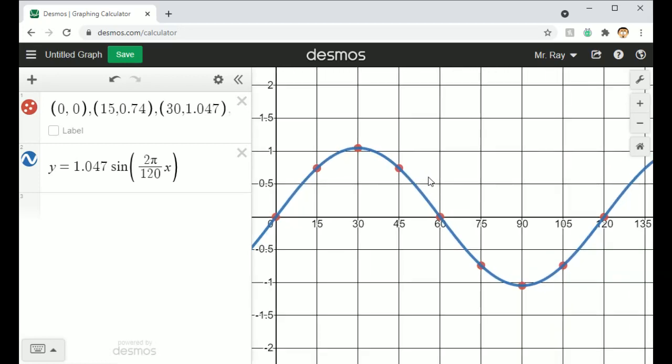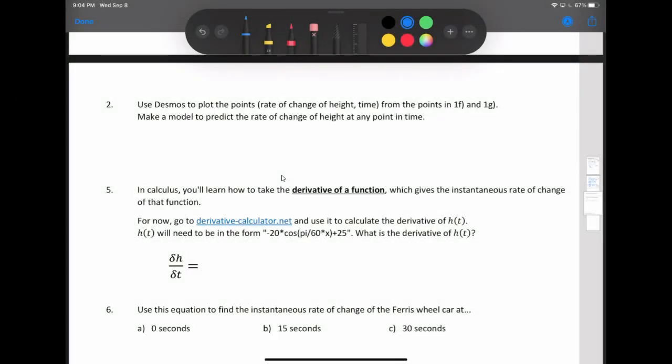So we just came up with a mathematical model to represent the rate of change of speed of the Ferris wheel at different times. At least the rate of change of speed upwards, the rate of change of height. So now we can go back and write that equation into our sheet over here.